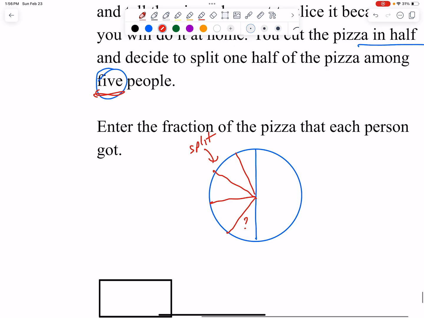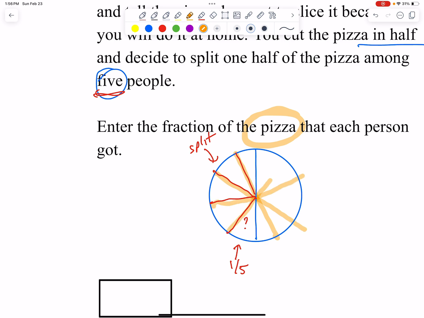It is very simple to say, hey, that is 1 out of 5 slices. But wait a minute. No, no, no. The fraction of the pizza. That's half the pizza. If you want the whole pizza, you could have kept going and kept slicing it all the way.